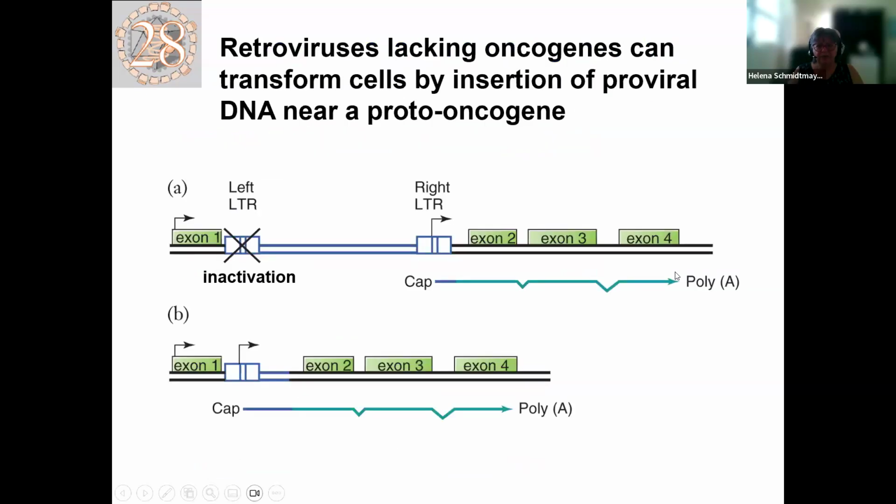Now, some retroviruses do not carry oncogenes, and they still can trigger oncogenesis. This may happen when a retrovirus is integrated upstream of some proto-oncogene. And in this case, if the 5' promoter LTR is inactivated, 3' LTR functions as promoter and therefore transcribes the downstream sequences, which as a proto-oncogene would push cell to proliferate.